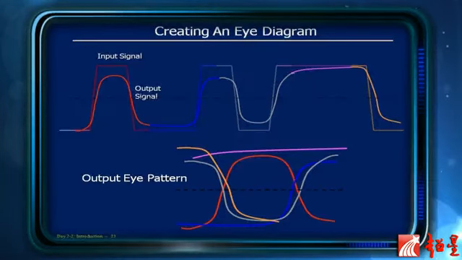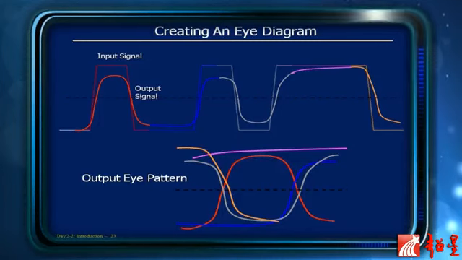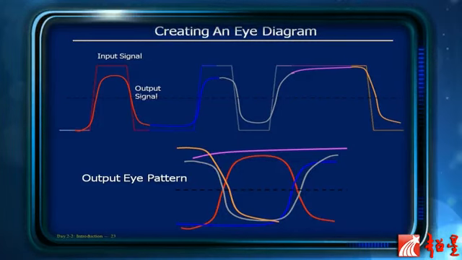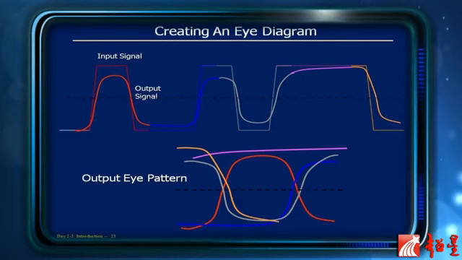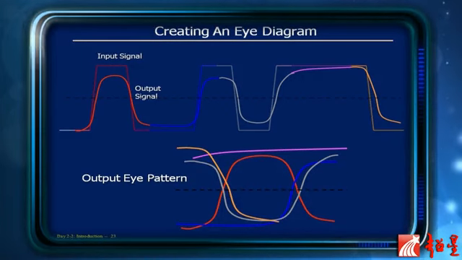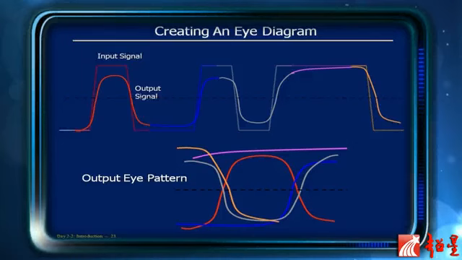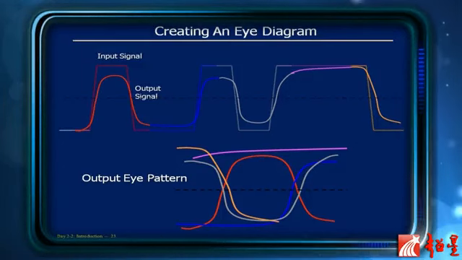You can see that some pieces are low or 0, some pieces are high, some are transitions from low to high, and some are from high to low. When you overlap them together, you form one piece.